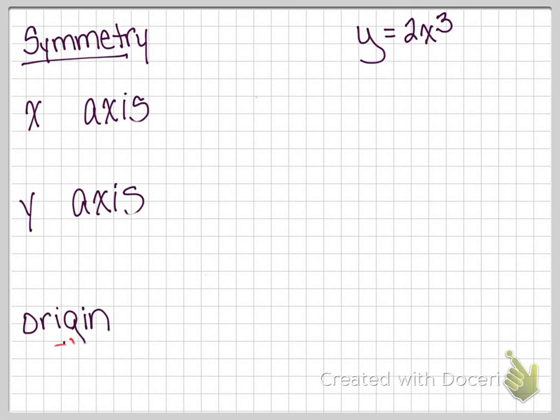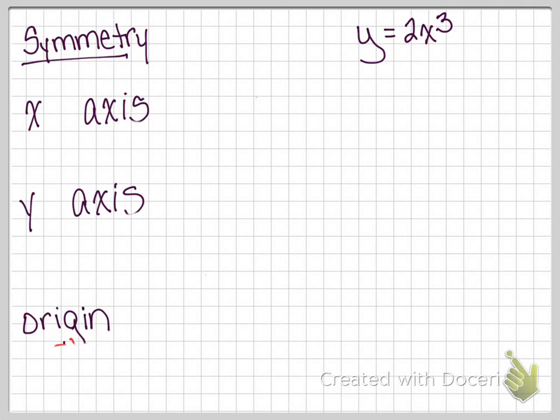Here, I've got something that's symmetrical across the origin. What we do here is we fold it across the x-axis and we fold it across the y-axis. And when we fold it across both, then it's on top of each other. So I have replaced x with -x, and I've replaced y with negative y.